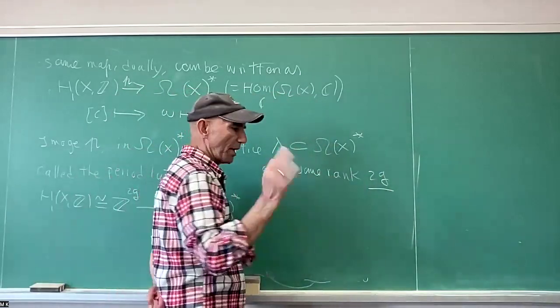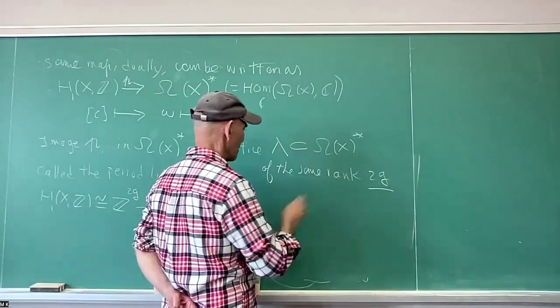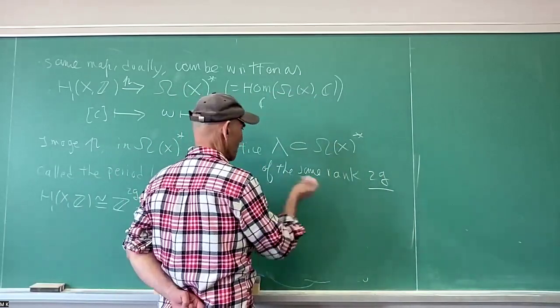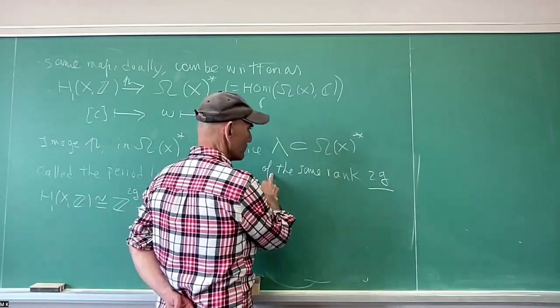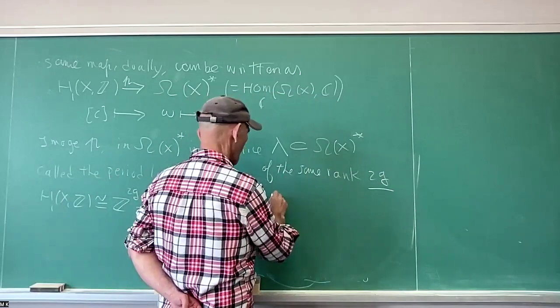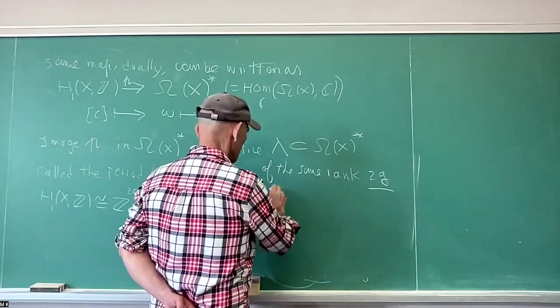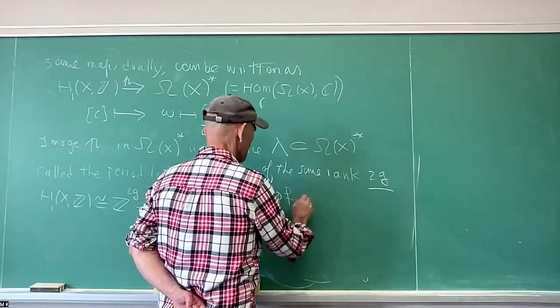So maybe I have to use even a little bit of Riemann's theorem, a little bit of Hodge theory, but that's not very difficult. So of the same rank 2g, okay, let me look at the proof later.